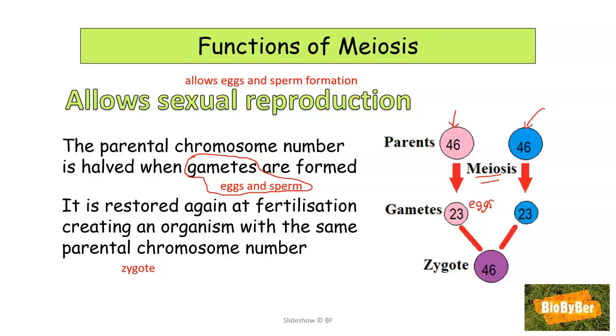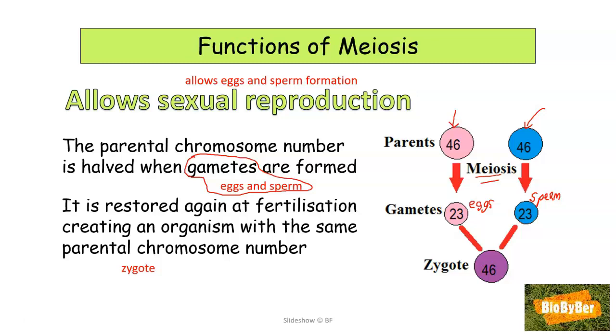Meiosis will occur in the testes of the male, producing sperm cells, each of the sperm cells containing 23 chromosomes. I call these the men in black. So we've 23 male chromosomes, 23 chromosomes in each male cell.